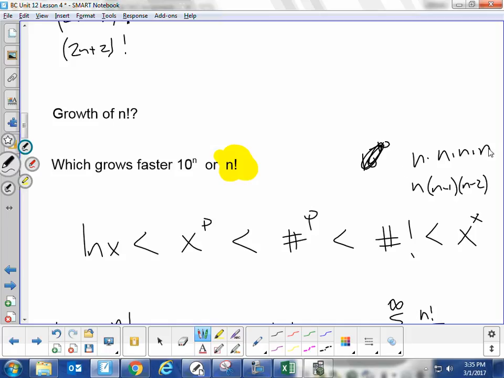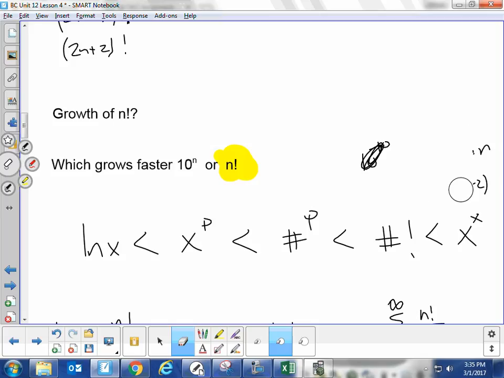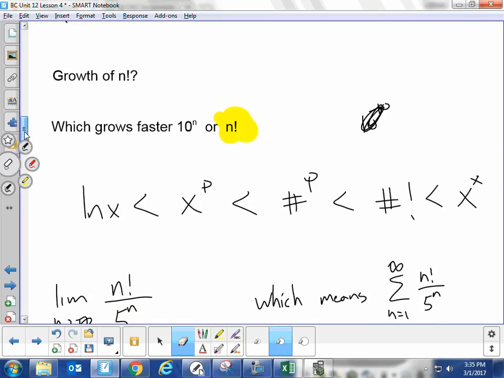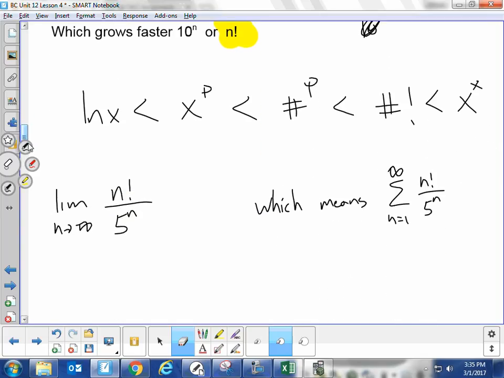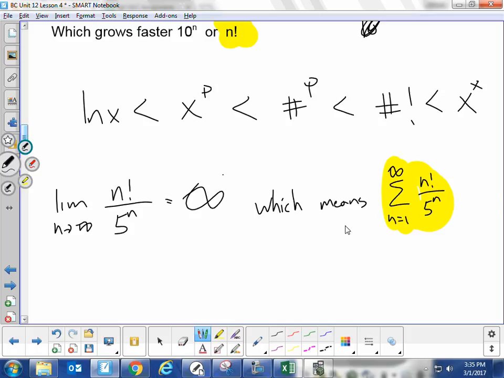So obviously this one is bigger than that one, right? Okay, so that's important. That's going to tell me that if I see a sum like this, the sum from n starting at 1 to infinity of n factorial over 5 to the n, I immediately know that the numerator is growing faster than the denominator. This is going to trend towards infinity, which means this diverges.